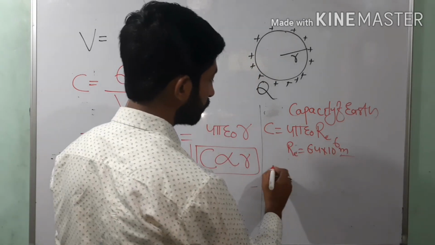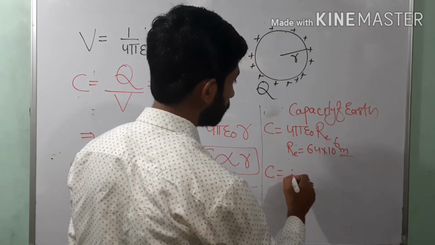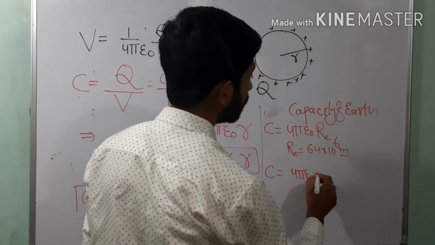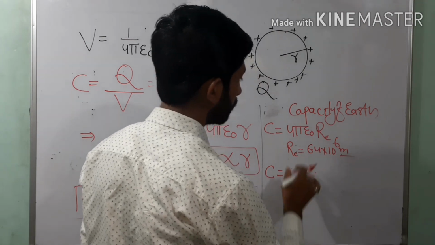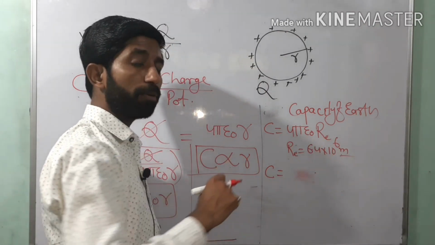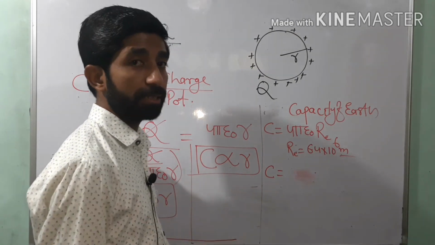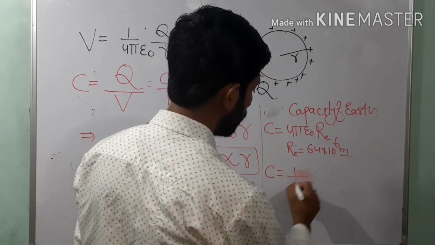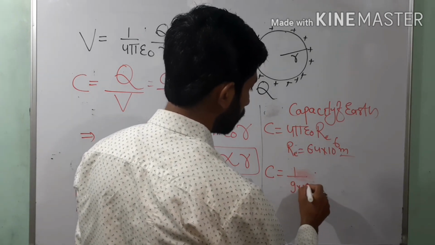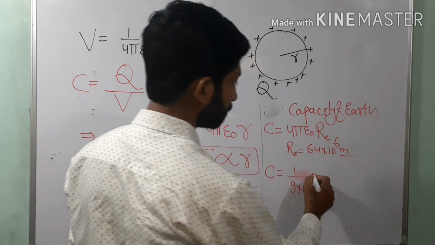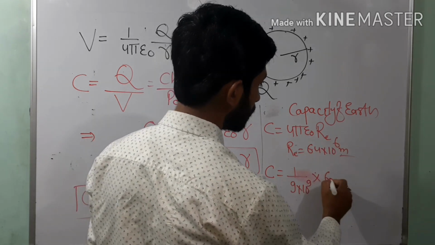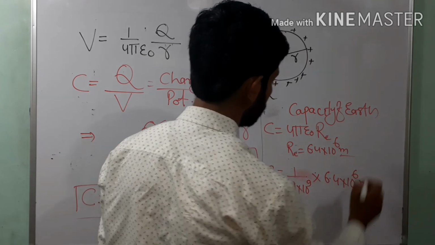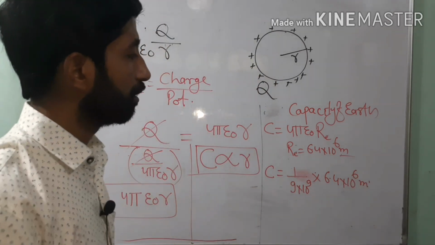Now putting all these values, we get C is equal to 4 pi epsilon naught R. Better I put in the value: 1 upon 4 pi epsilon naught is given as 9 times 10 to the power 9. So this will be equal to 1 over 9 times 10 to the power 9, and the radius is equal to 6.4 times 10 raised to the power 6 meters.